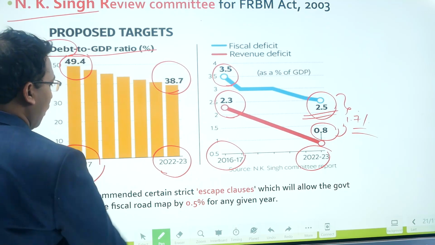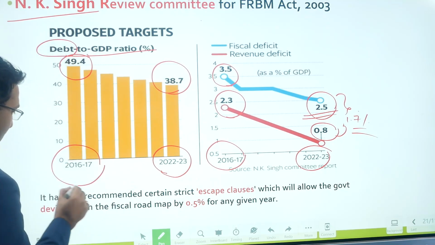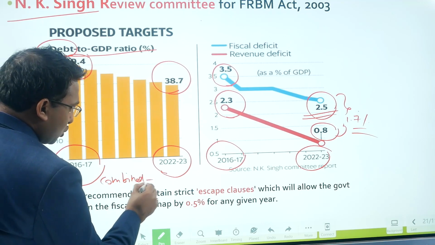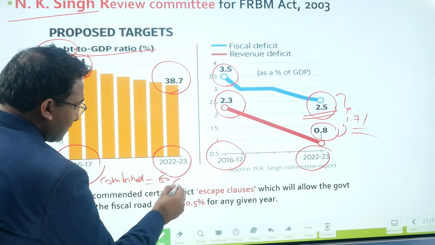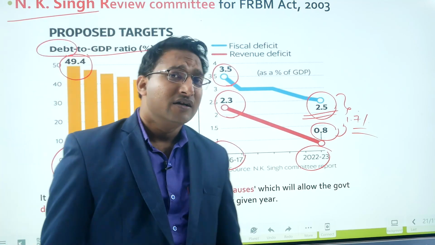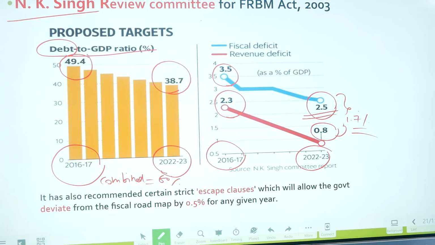This is for the central government, and the combined figure for the center and states should be 60%.